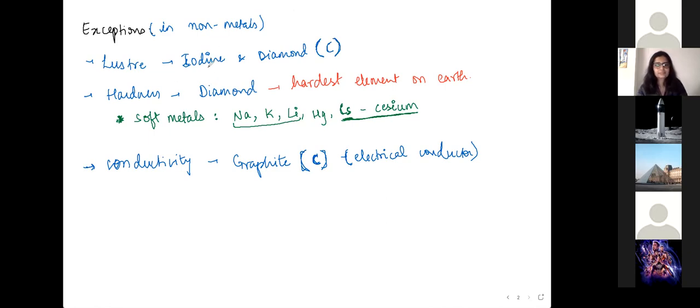Iodine would be I. Sodium is Na, potassium is K, Li is lithium. Ma'am, what is Hg? This is mercury, the stuff that's there in your thermometers. And Cs is cesium.